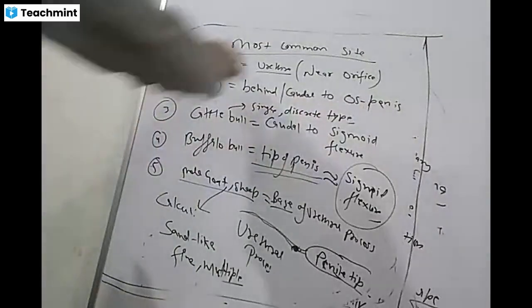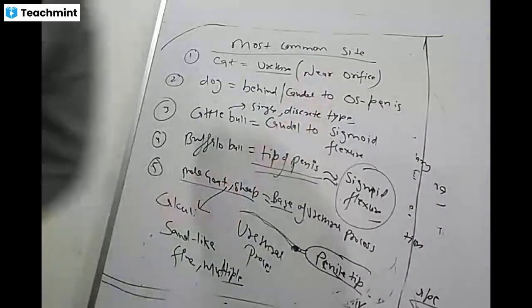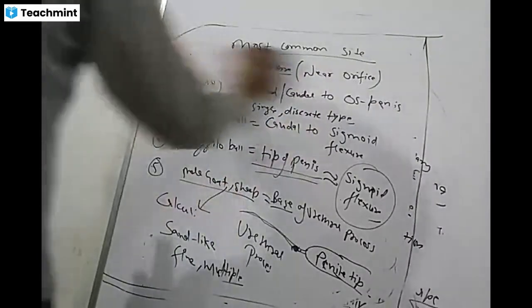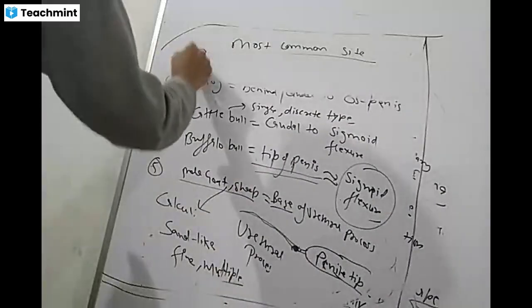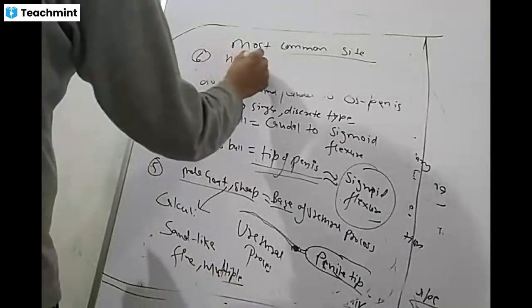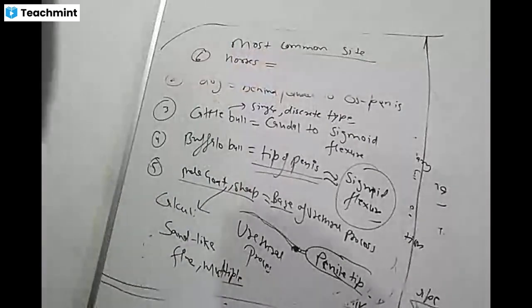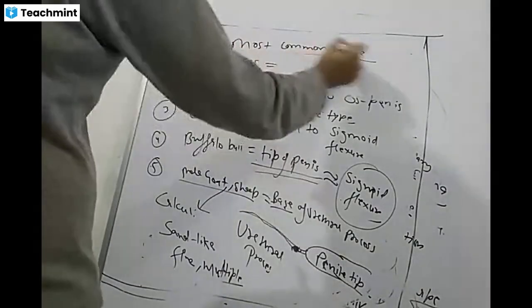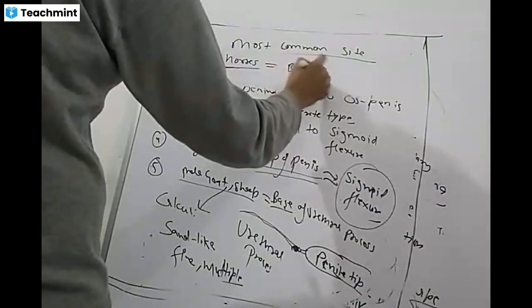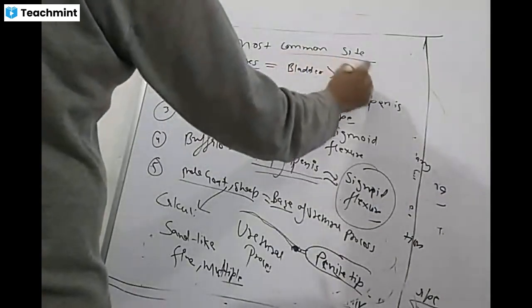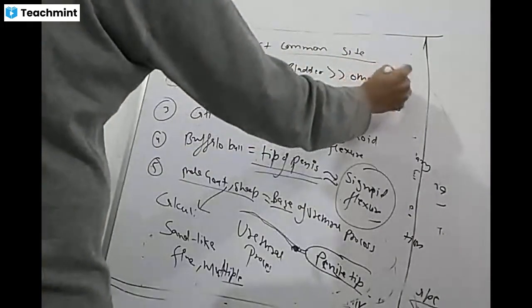One more species where the most common site is needed is number 6, horses. In case of horses, the most common site of urolithiasis is the urinary bladder, as compared to other sites.